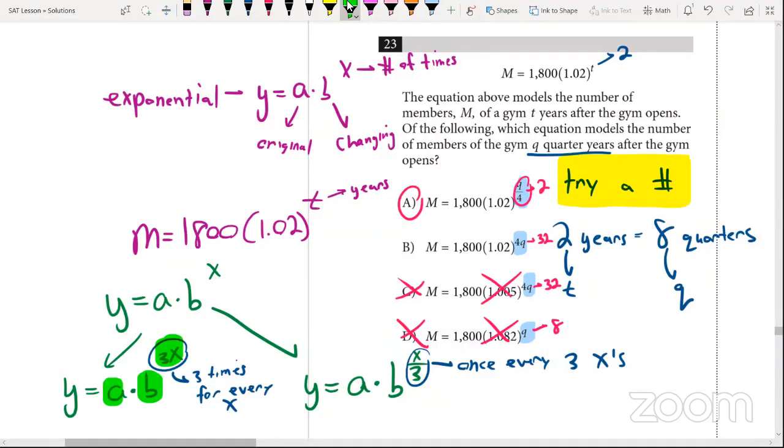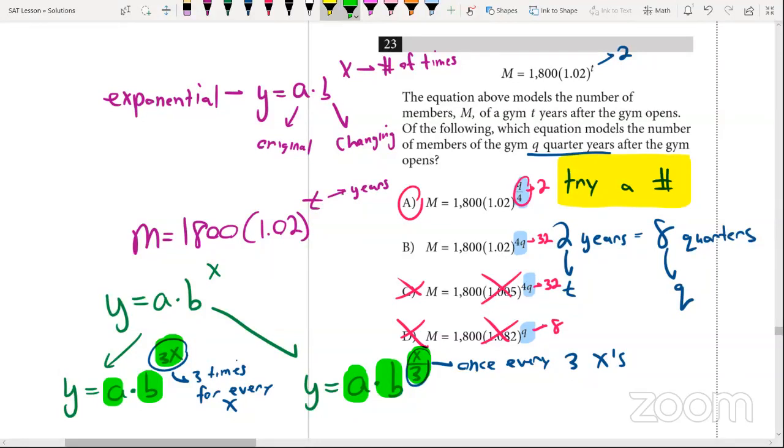Versus in the other one, let's say that my income is going to raise by 20% once every 3 years. So now I have my income, it's going to raise by 20%, which means I'm multiplying by 1.2. And now if that's happening every 3 years, that's the idea of dividing. So for instance, if 3 years goes by, if X is 3, then 3 over 3 right here is going to be 1, and this whole thing is going to be triggered once.